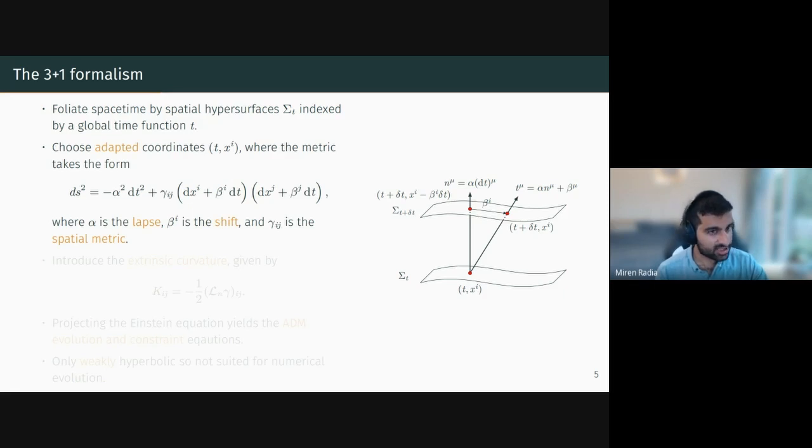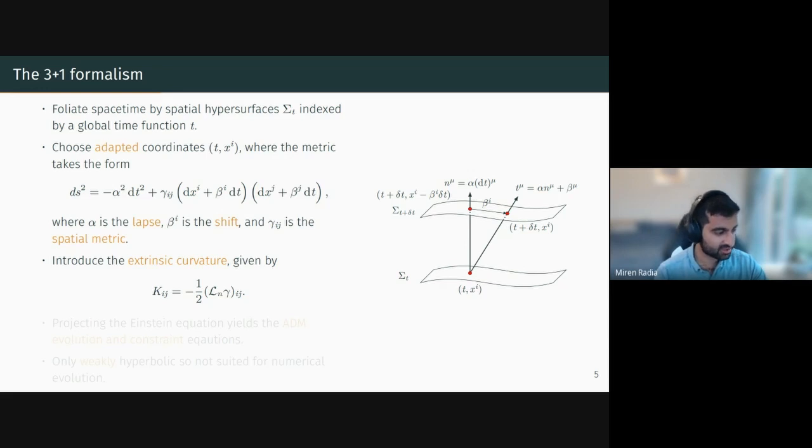The lapse and shift are our gauge variables, and these determine how our coordinates behave as we evolve from one hypersurface to the next. Furthermore, we introduce the extrinsic curvature, which describes the curvature of the slices within the embedding of space-time. But you can also roughly interpret it, from this definition, as the time derivative of the metric.